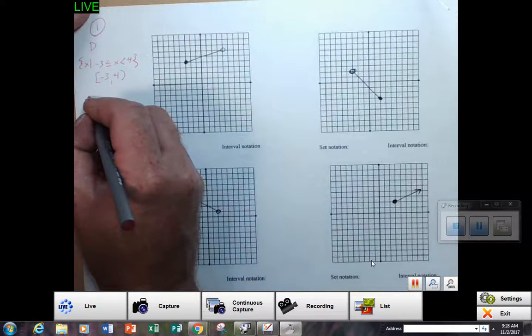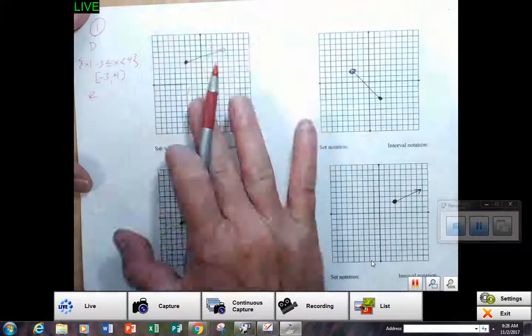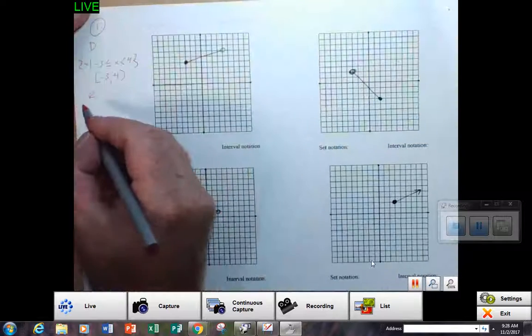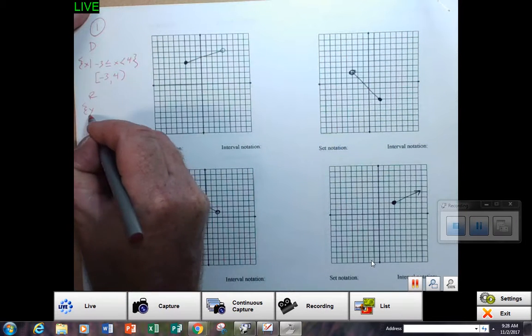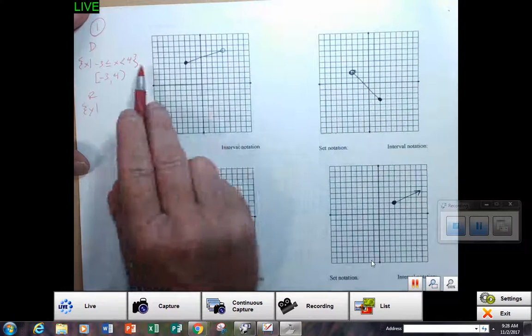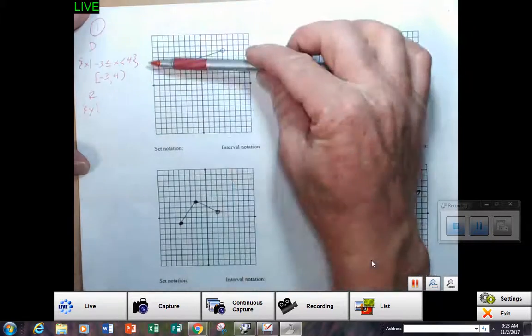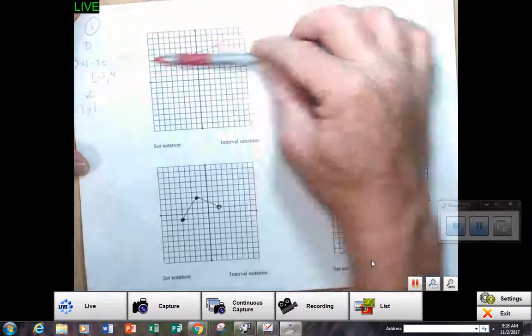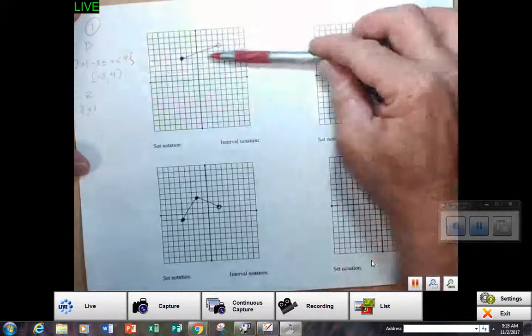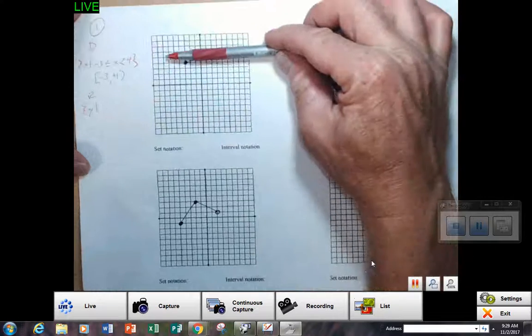My range is measured bottom to top. So for set notation, I put a y right here. Y is an element of, and I look at where it corresponds with the y-axis. So from here on up, it goes through the y-axis here at 4 up to 6.